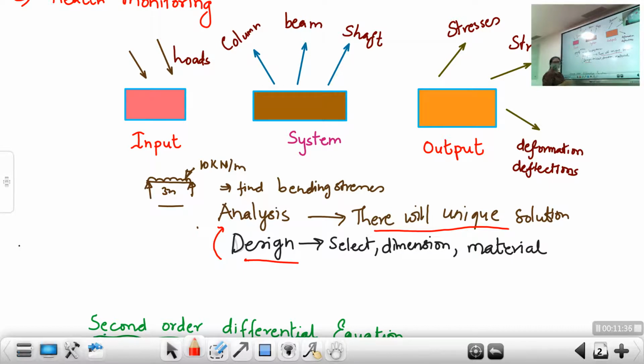There will be n number of solutions, and that liberty will be that of the designer. So we have now understood what design is, and you will encounter design problems as you go to design of steel structures and design of concrete structures ahead in your 5th and 6th semester. So let us move on to the last problem.